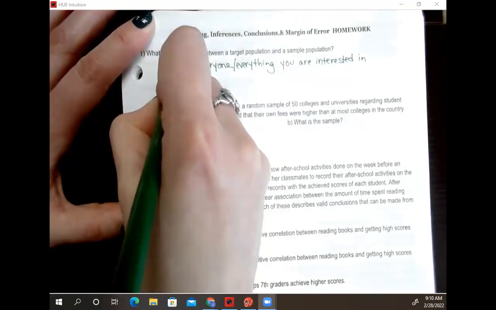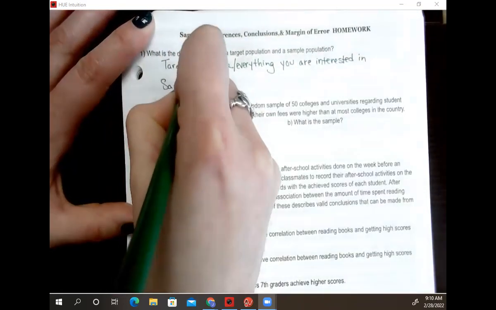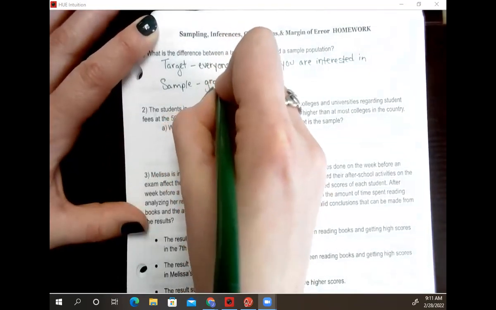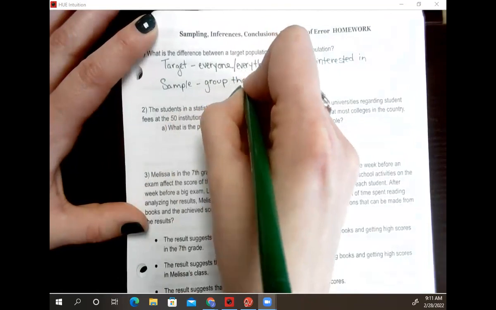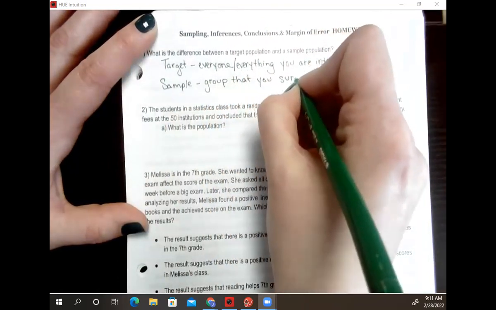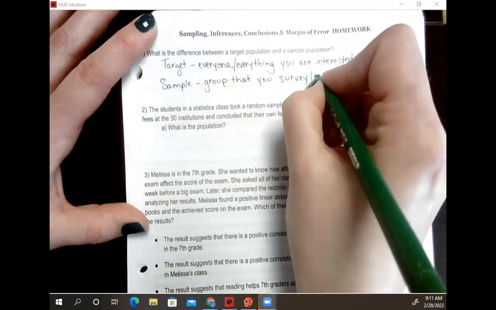The sample population would be the group that you actually check in with, the group that you survey or inspect.